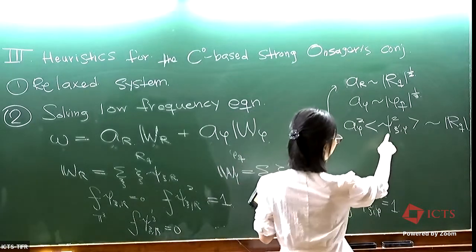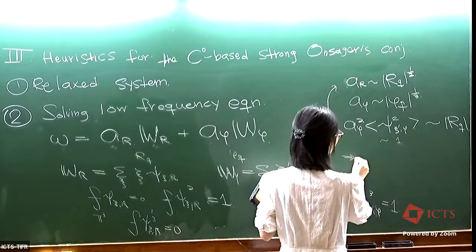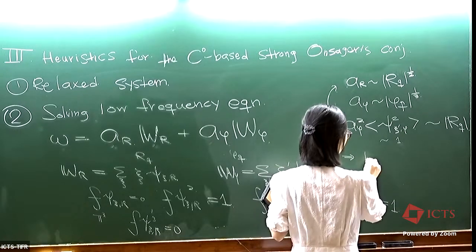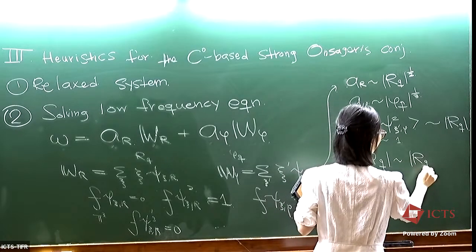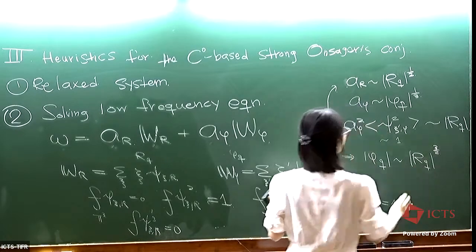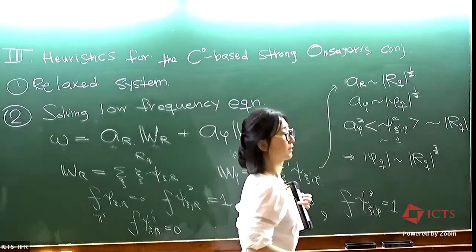So when you measure the L2 norm, this also has unit size, and from here we also have the relationship that phi_q is actually determined by R_q raised to the power 3/2. Simply just plug this into here.